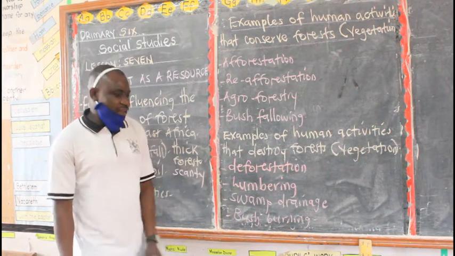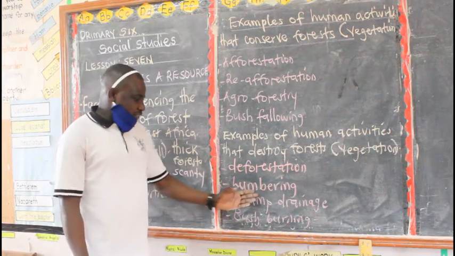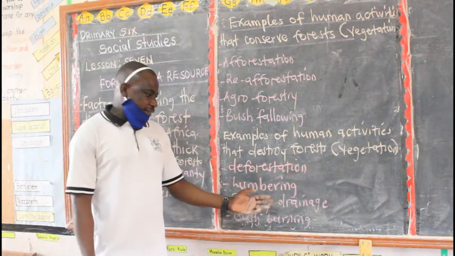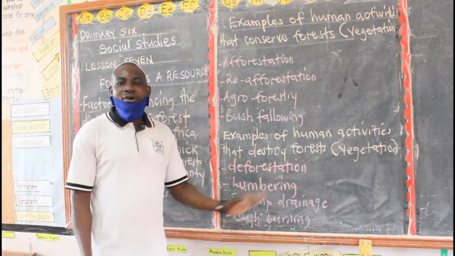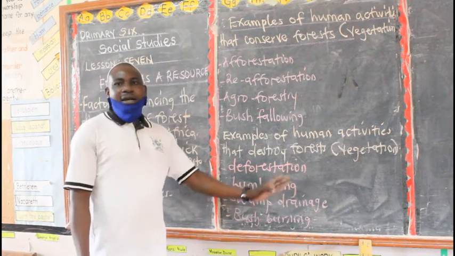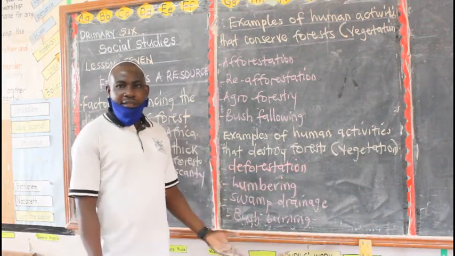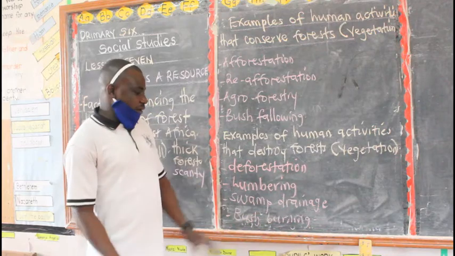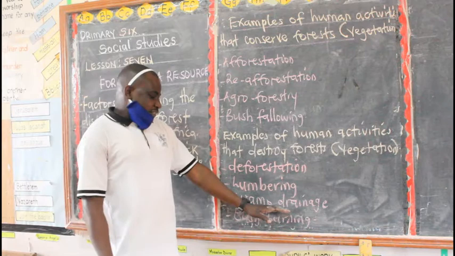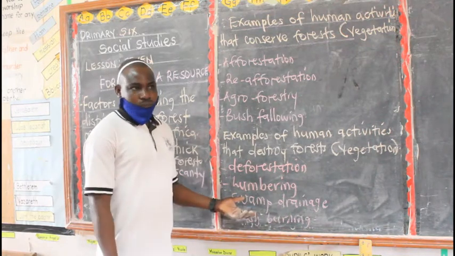Then you also have lumbering. What does the word lumbering mean? Lumbering is the cutting down of mature trees for timber. So with lumbering, you cut only mature trees for timber. Then you also have swamp drainage. And what does swamp drainage mean?